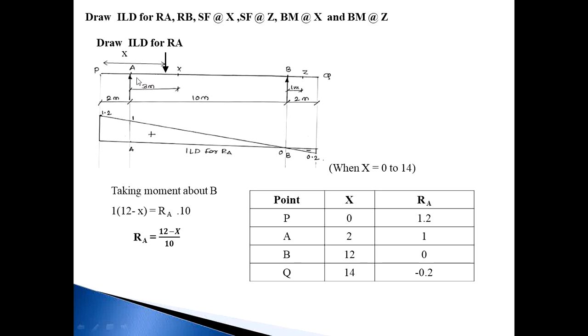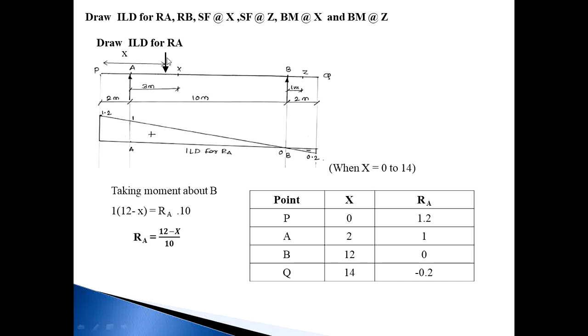So to calculate RA, taking moment about B. The moment of this RA is clockwise and the distance from point B is 10 meters, so RA into 10.